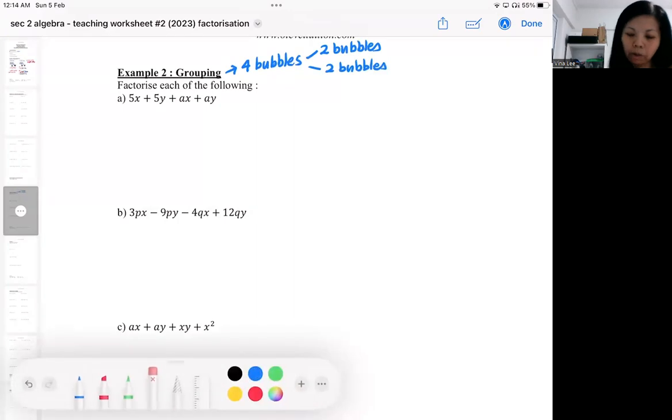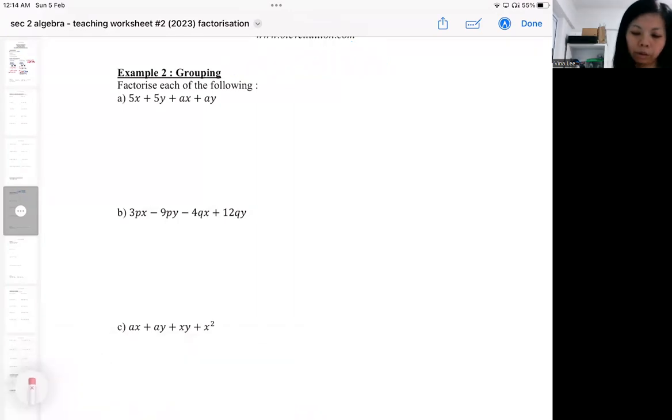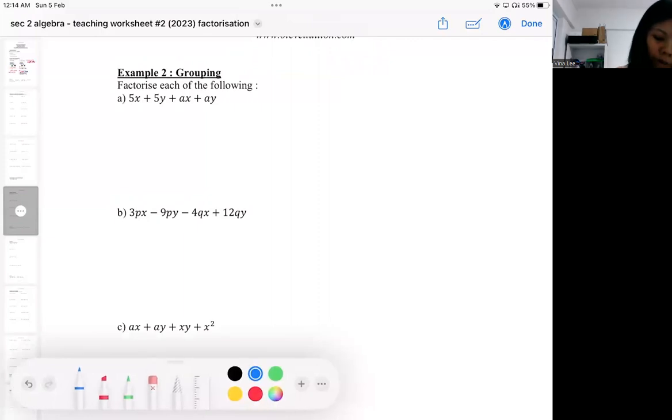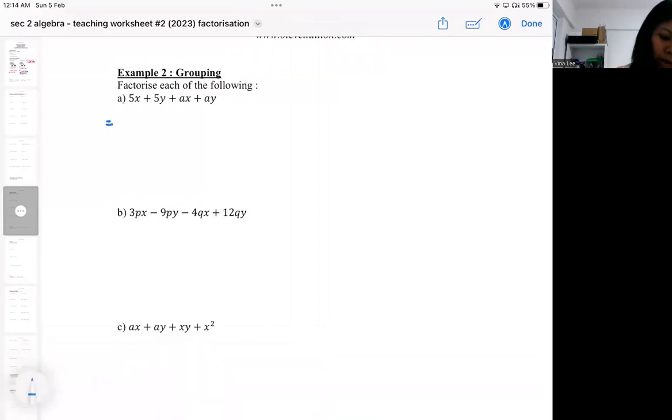Okay, so four bubbles, and how are you going to group them? You will be grouping them in such a way. So in this case, I'll be grouping 5x plus 5y, because just by looking at 5x plus 5y, I see a common factor.